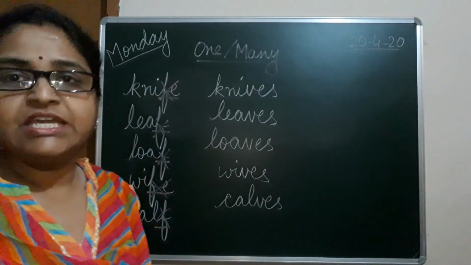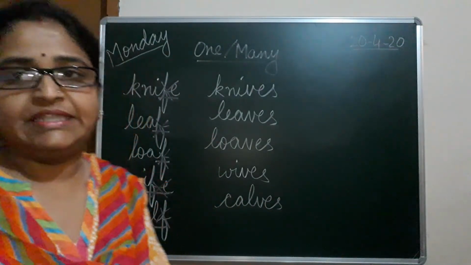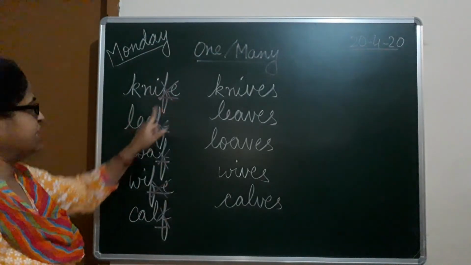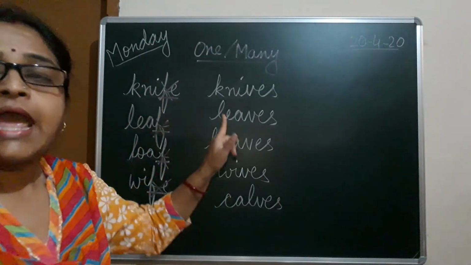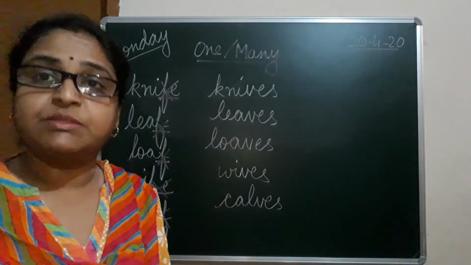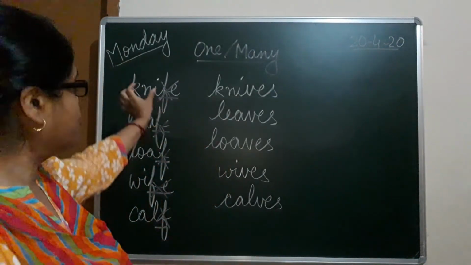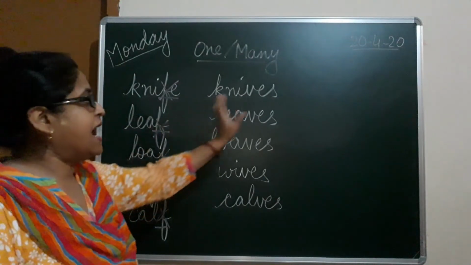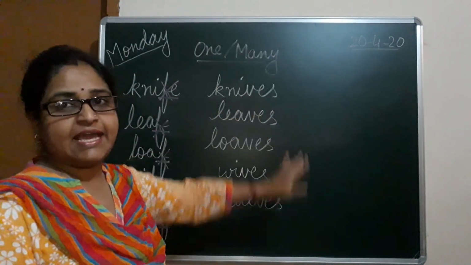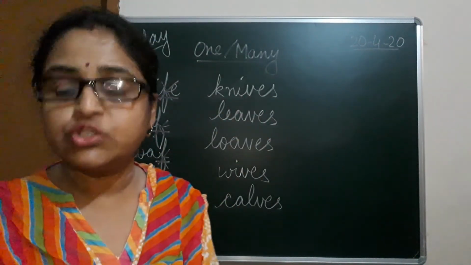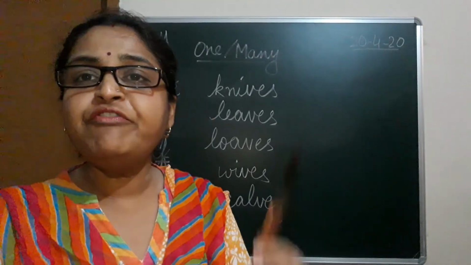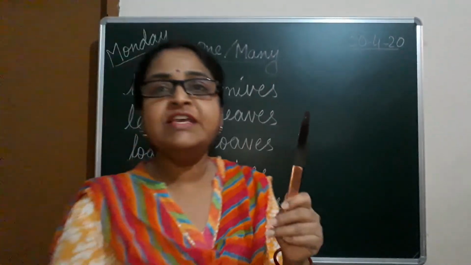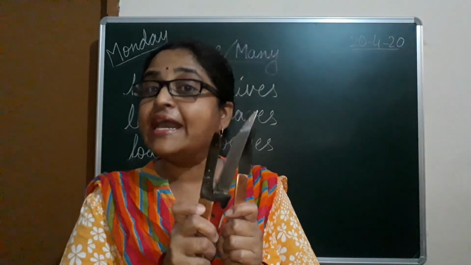Okay children, I think you must have understood. Any word that ends with FE or F, and if you have to make those words plural, we remove these word enders from the end, and we add VES at the end to make those words plural. Like if we have one knife, we say many knives.